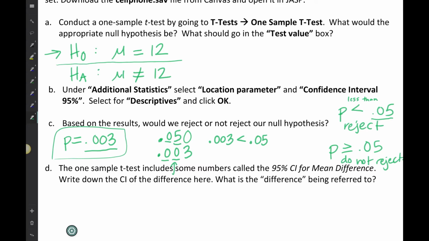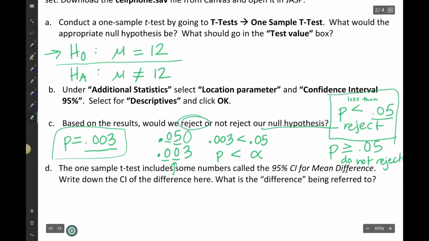In other words, our p-value is less than our alpha level that was set. So if our p is less than our alpha, then we are going to reject the null hypothesis. In other words, this is significant.